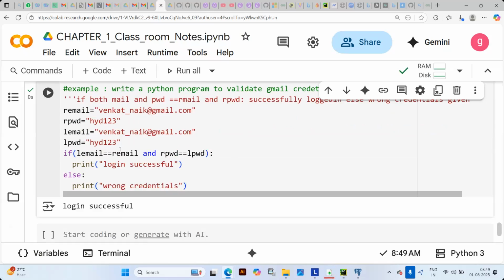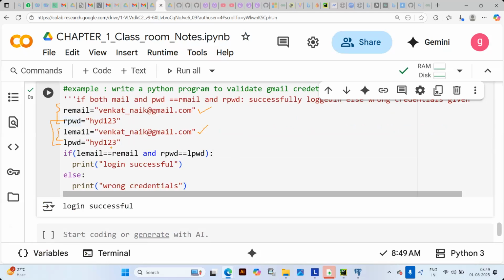Login successful, because this particular user ID and this login time user ID are both the same, and this particular password and this particular password match. Generally, these two will come from the database, and these two you enter while logging in.